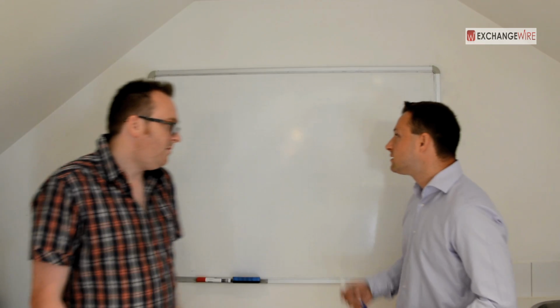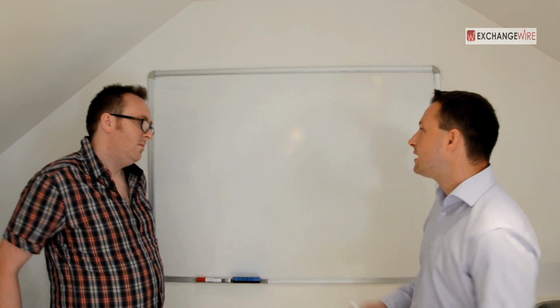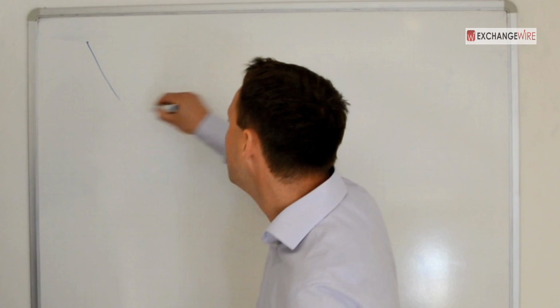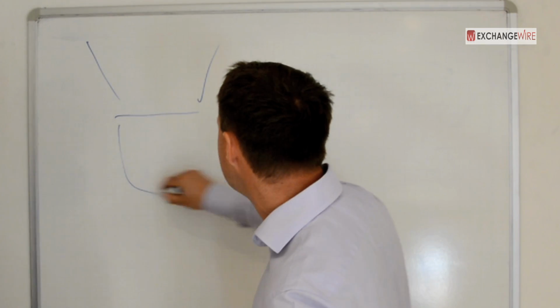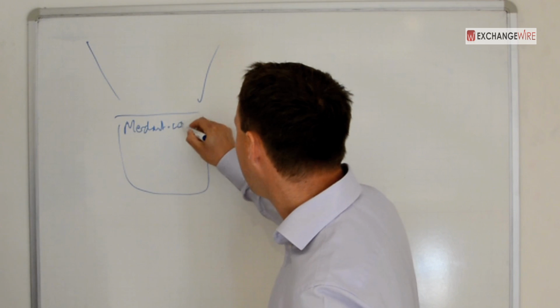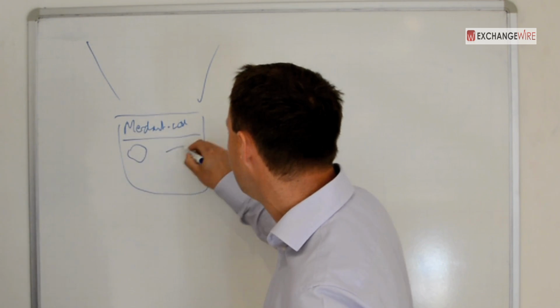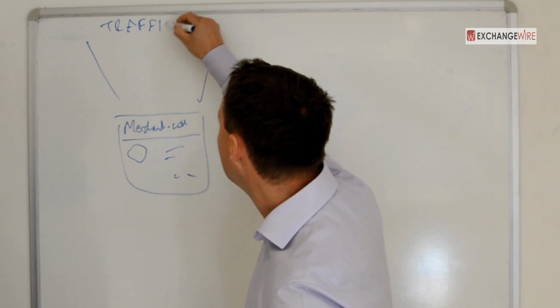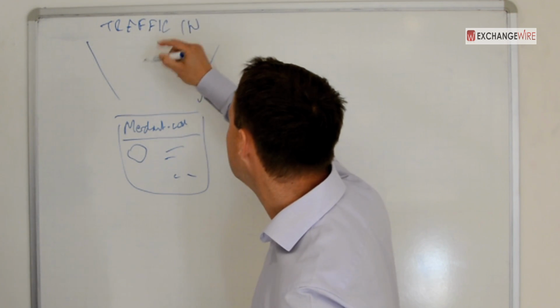Yeah, absolutely. As you said, retargeting has come from a pretty primitive setup. When you think of an advertiser, you're taking a typical merchant and looking at where the traffic comes from. I'll try and draw it in a legible way.